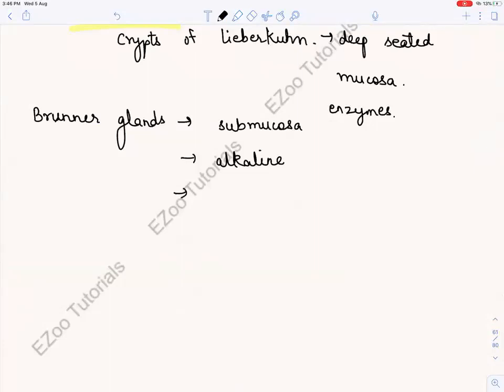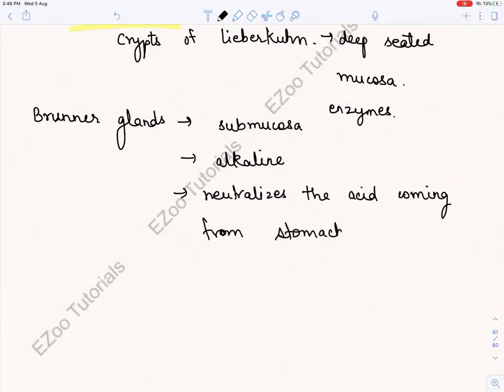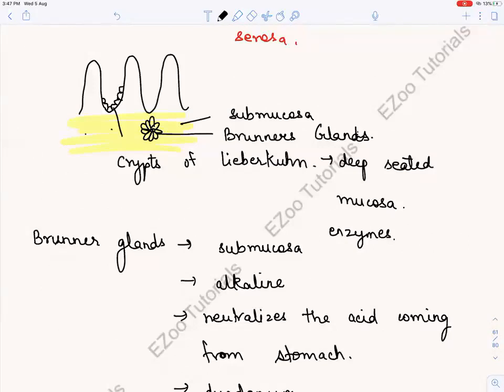So that it neutralizes the acid coming from the stomach. So which part is attached to the stomach? It is mainly present in duodenum. So it is secreting what? Let us again see the crypts of Lieberkühn. They are deep seated and they are present all over.